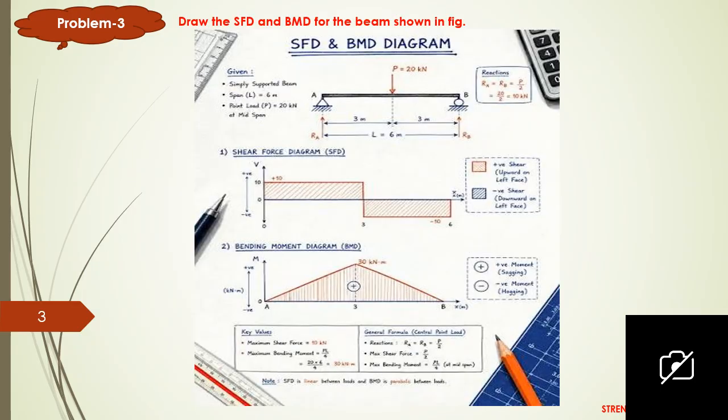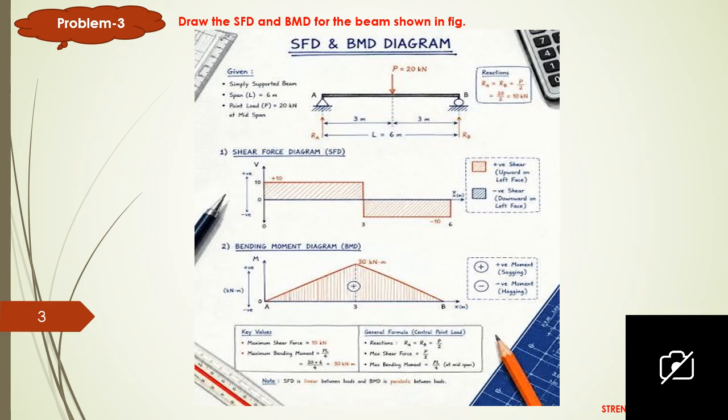So here, instead of value W, here is the basic problem. It's a simply supported beam carrying a point load of 20 kilonewton at center. The total span of the beam is 6 meters. So as already discussed, the total load is 20 acting at center, so support reaction will be 20 by 2, that is 10.